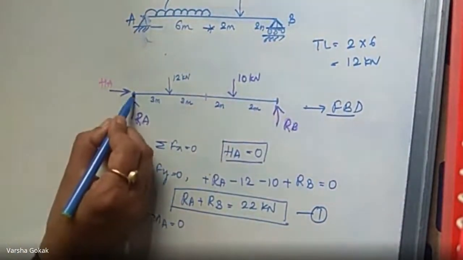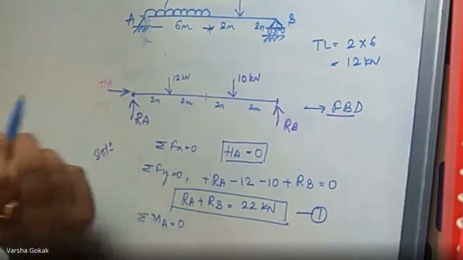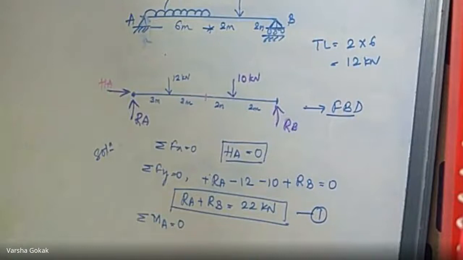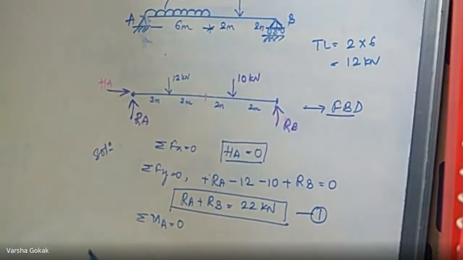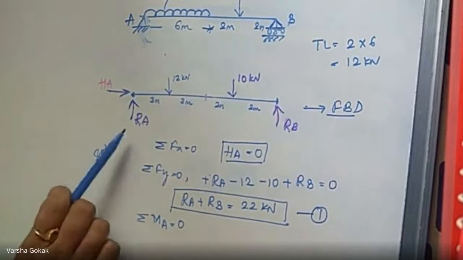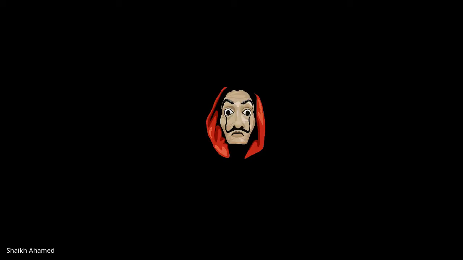So when I'm taking moment at this point, HA is passing through this point, RA is passing through this point. So are they giving any moments? Do we have any moments because of RA and HA? No, zero.